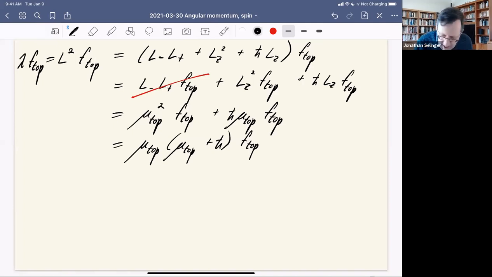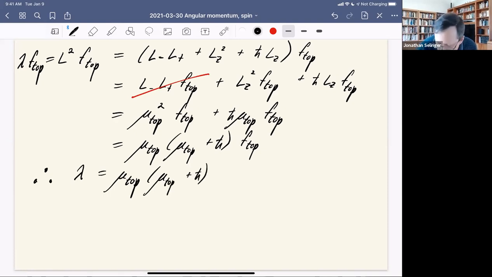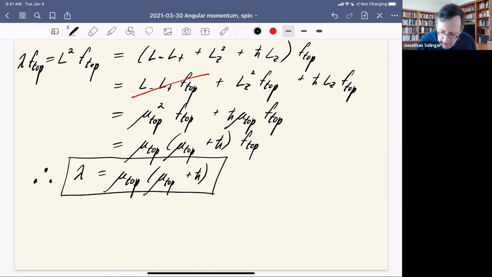Therefore, lambda is equal to mu top times mu top plus H bar. So that gives us some relationship between the eigenvalues.